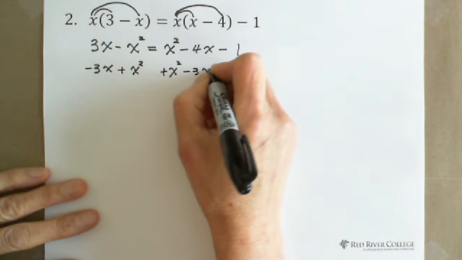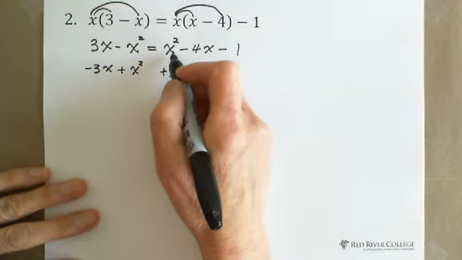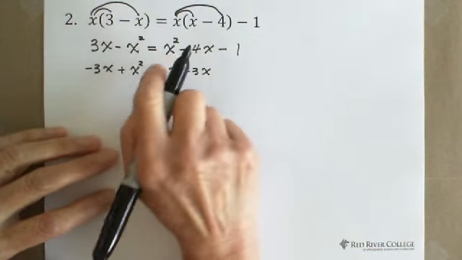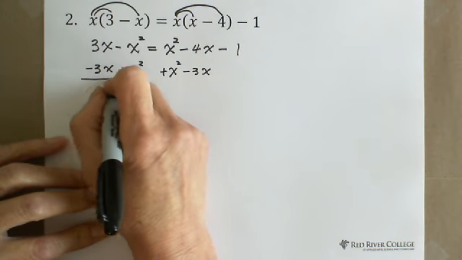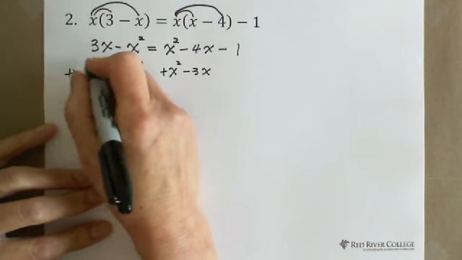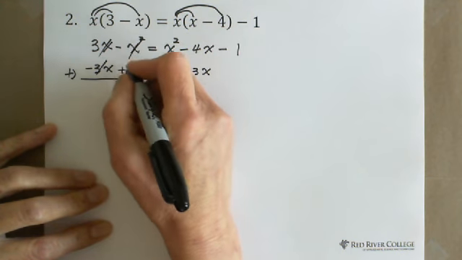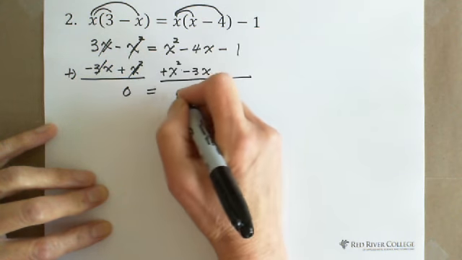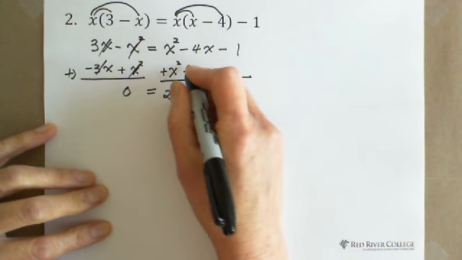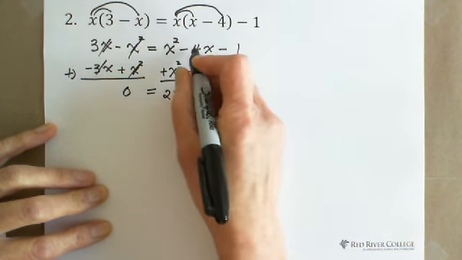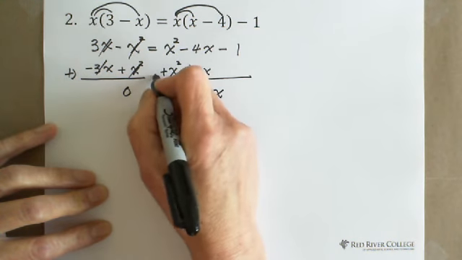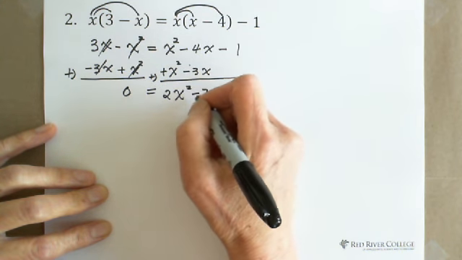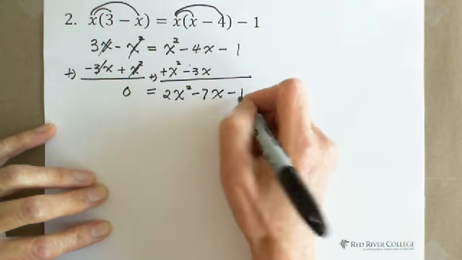Because you do the same thing on both sides, the equation doesn't change. Then on the left side we have 0. On the right side we have 2x squared minus 7x, because we add these together: negative 4x plus negative 3x equals negative 7x, minus 1.